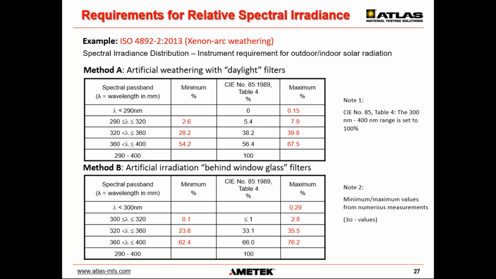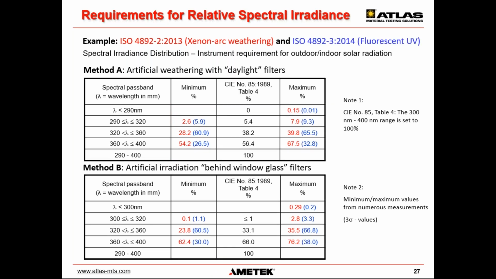Relative spectral portion is normalized between 300 and 400 nanometers. First in red, we see the requirements for ISO 4892, which is for plastics. And here we see the requirements for 4892-3, which is not for xenon, but for fluorescent UV devices.